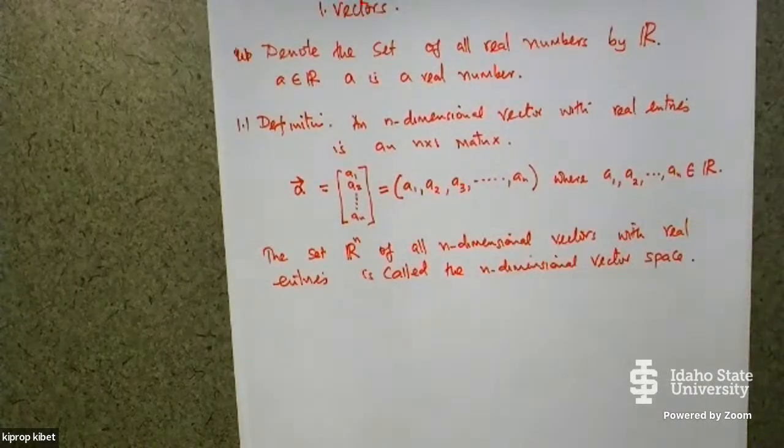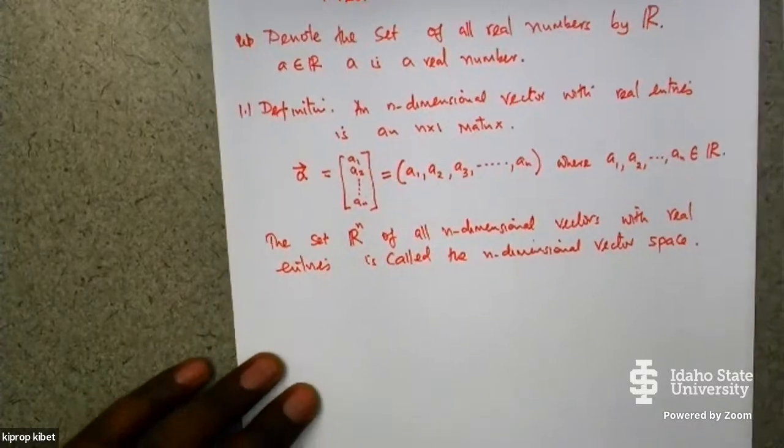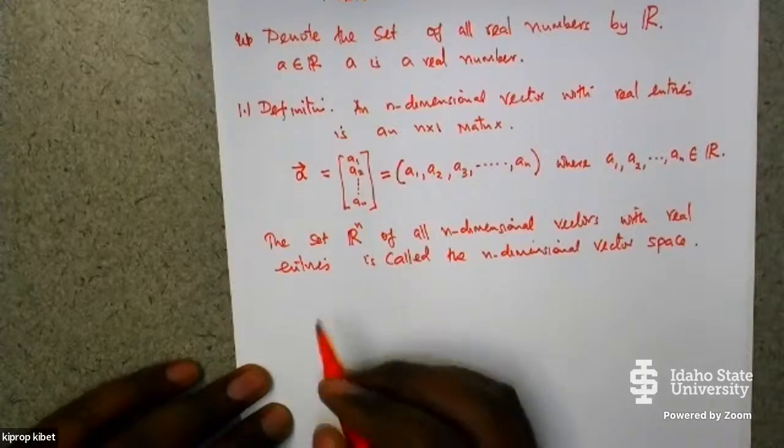R^n has n entries, n of them. Then we call this one the n-dimensional vector space.